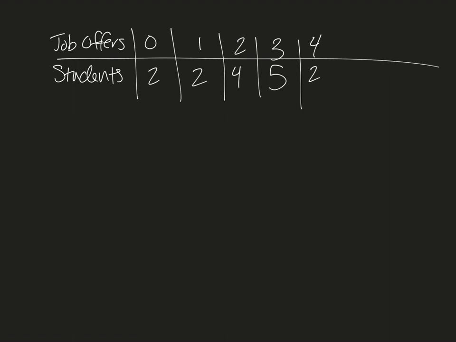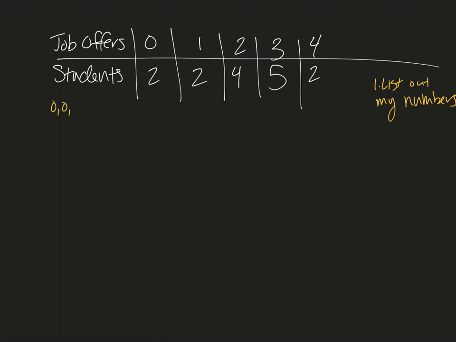So the first thing I need to do is I am going to list out my numbers. And this is really important to do because it's going to help us find that median, it's going to help us find the mean, and it's going to help us just figure out more about the numbers, really. So listing out my numbers, I have 2 students that got 0 job offers. That means 0 came up twice.